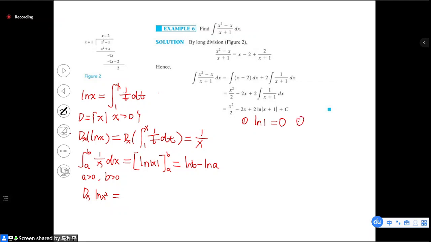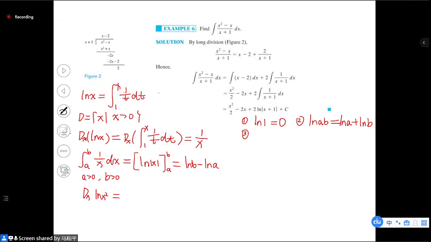And the second property: ln AB, here this is A times B, is equal to ln A plus ln B, right?